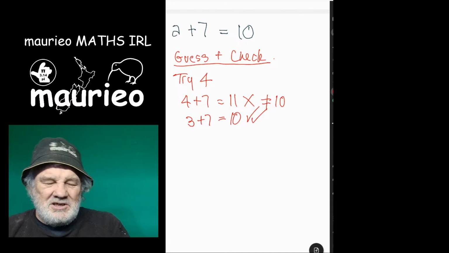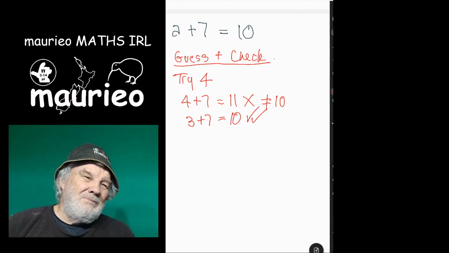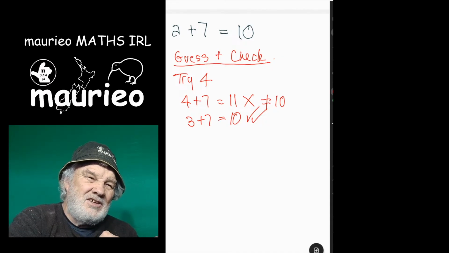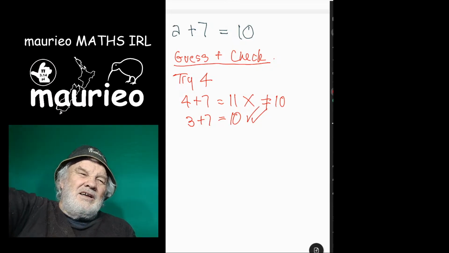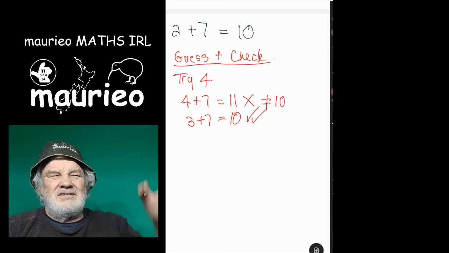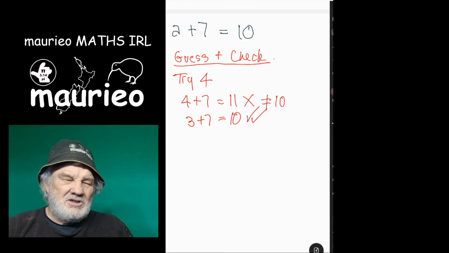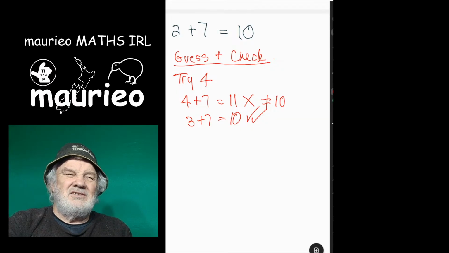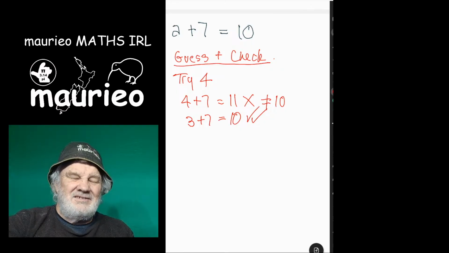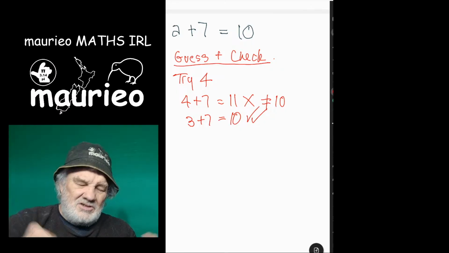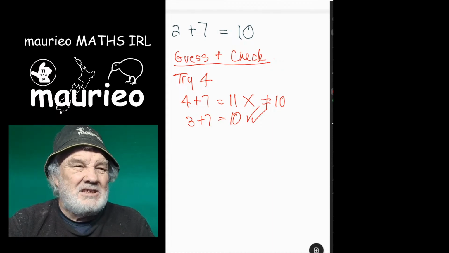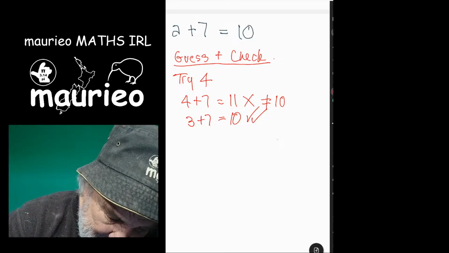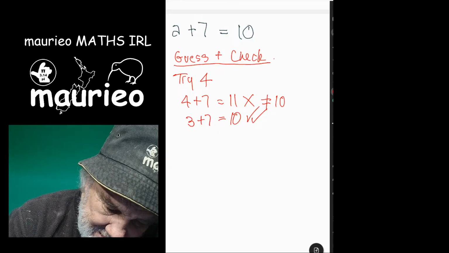And that equals 10. So if you take away the 7, the other end's going to go up because it's going to become unbalanced. So if we take away 7 from both sides, let's do that.